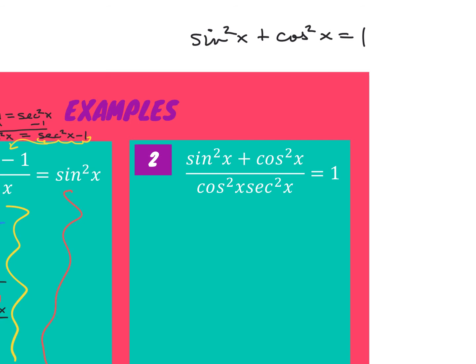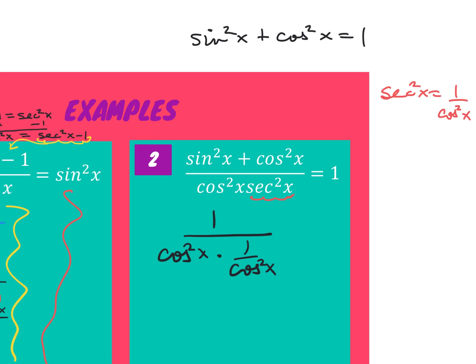And I'm also going to change my secant squared x to its reciprocal, because I know that secant squared x is equal to 1 over cosine squared x. So I'm going to change the numerator to a 1, and change the secant squared x to its reciprocal.